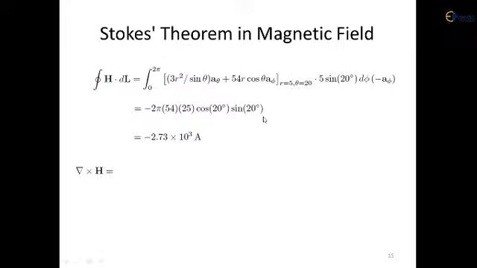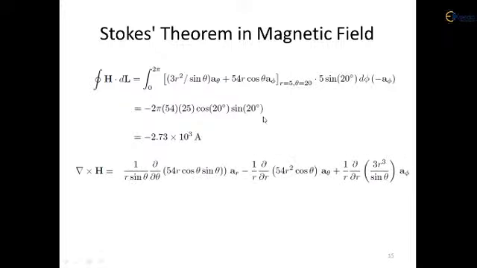So curl of H is equal to, here we write the general formula in terms of the spherical coordinates, that is 1 upon r sin theta del theta of 15 times r cosine theta sin theta into ar, minus 1 upon r del r of 54 r square cosine theta into a theta, added by 1 upon r del r of 3 r cube divided by sin theta into a phi here.